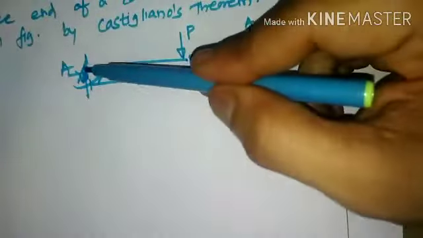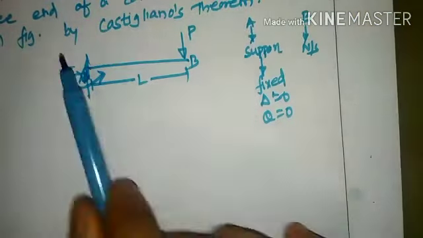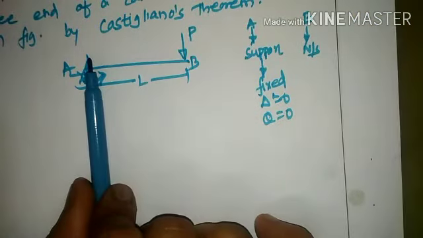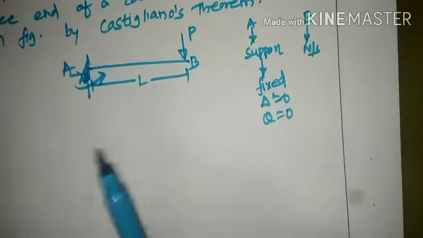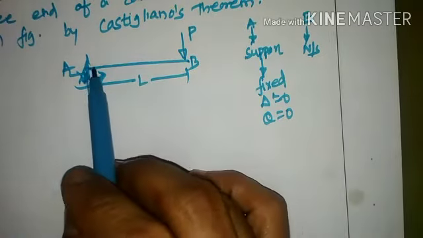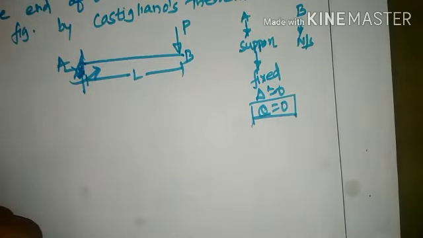Vertical reaction will ensure that the beam will not move in the vertically downward direction. Likewise, horizontal reaction will ensure that the beam will not be displaced along the horizontal or x direction. And the moment present at A will ensure that the slope at that location will be 0. For that reason, slope and deflection at the fixed end will be 0.